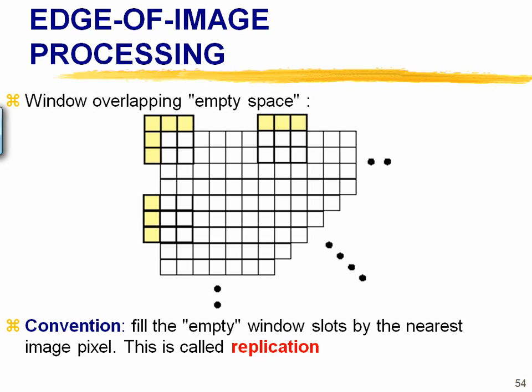The general rule of thumb for dealing with that is replication, which means for every pixel that sits outside of the image, defined by a windowed set, you replicate its value from the closest pixel of the image. So the value here would be the same as this, same as this, and so on.